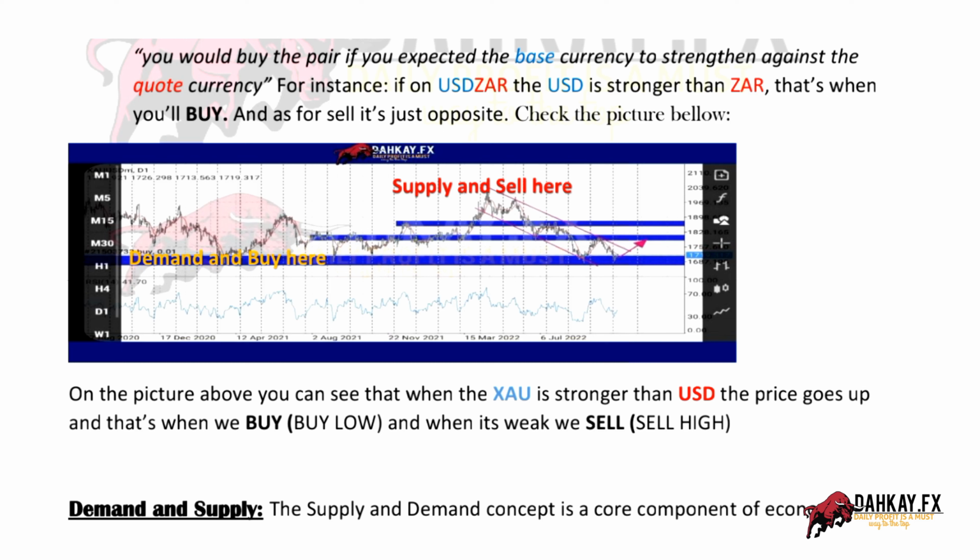On the picture above, you can see that when the XAU is stronger than USD, the price goes up. In this case, XAU being gold is stronger than USD, so we buy gold when it's stronger than USD, gold being our base currency.